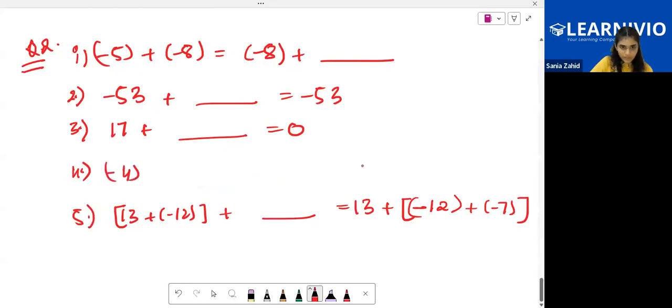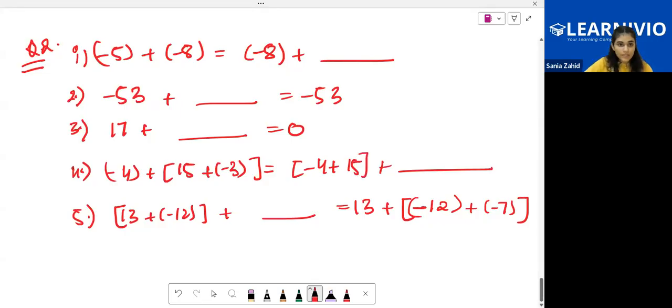Let's write the fourth one over here, and this is the final one. So I have -4 plus 15 plus a blank. Please write the answers for these questions.